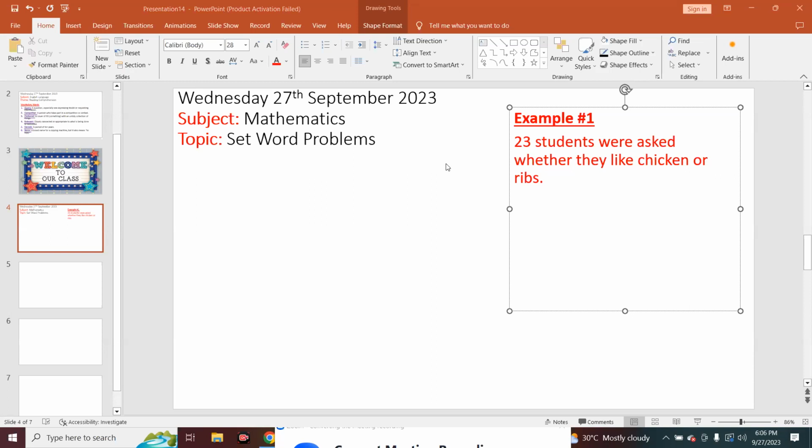Now tell me inside the chat, which one you would rather have, chicken or ribs. You can put your answer inside the chat. I want to see your results before I put the results. Everyone, which would you like better, chicken or ribs?